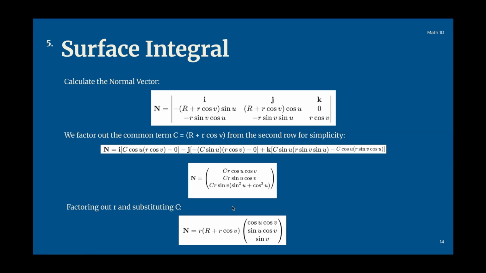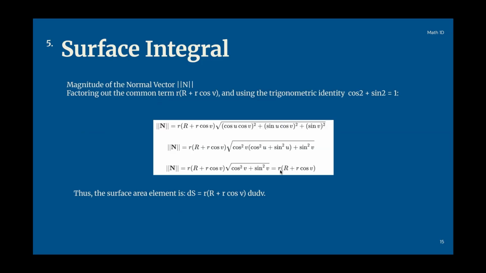Now we just need to find the length, which is the magnitude of this normal vector. And you can do it by this. Well, you can see this is just the formula for the magnitude. Note that we're using the basic trigonometric identity, cosine squared theta plus sine squared theta equals 1, which you all know.